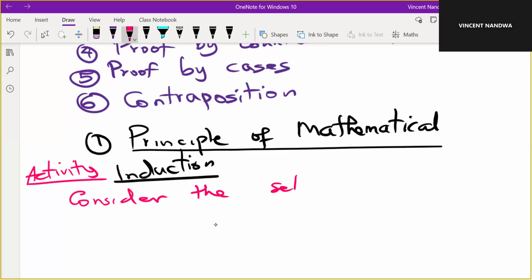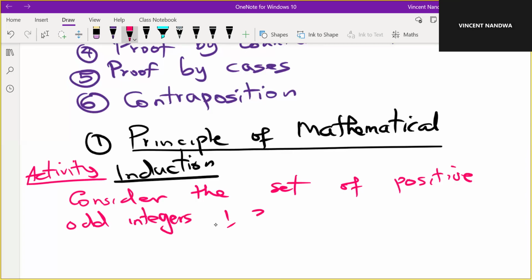Consider the set of positive odd integers 1, 3, 5, 7, 9, 11, etc. up to 2n minus 1.